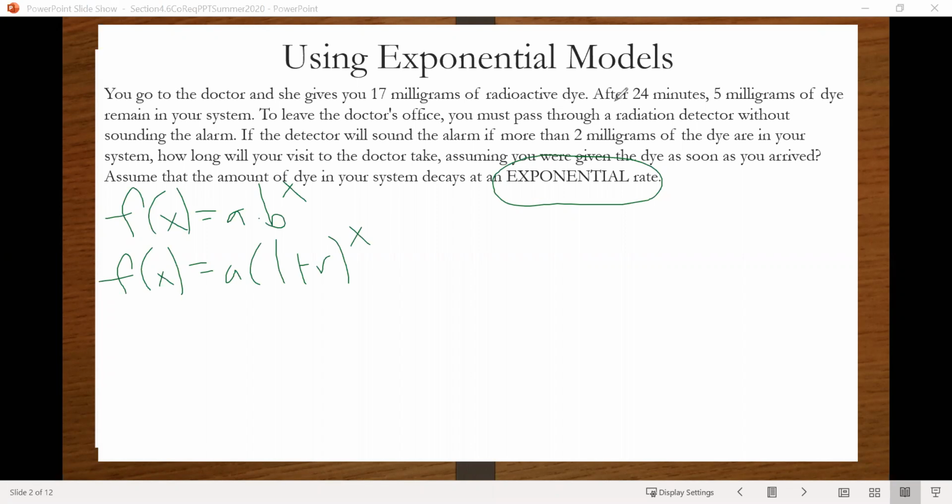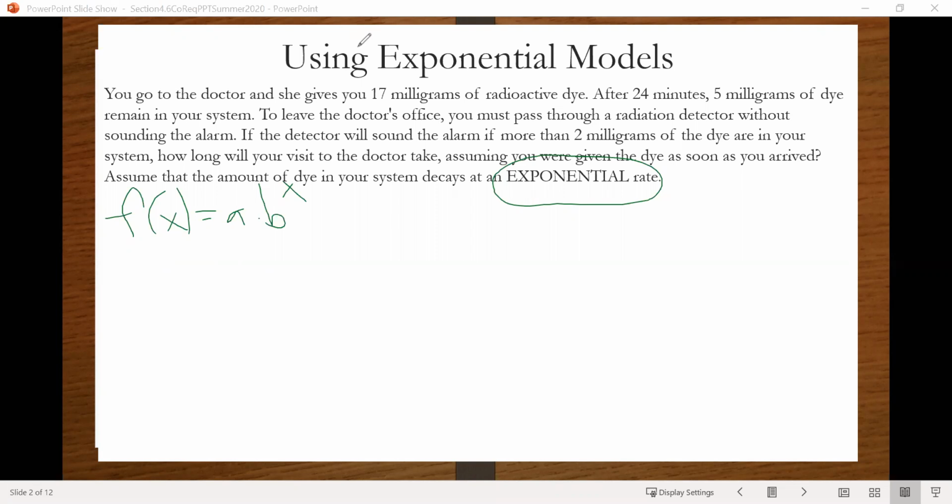Before we can even solve this problem, we need to create an equation of some sort, right? We could use either one of these forms for an exponential, but in this case, the first one will be most useful for us.